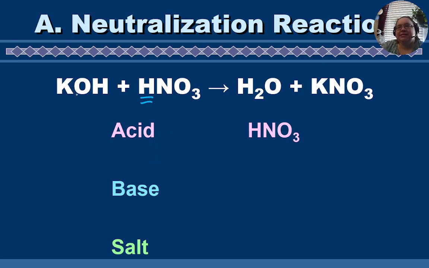My bases tend to end in OHs when we're talking about a neutralization reaction, therefore that's going to be my base, my potassium hydroxide. The salt is the product, it's not the water. So my potassium nitrate, KNO3, is going to be my salt.